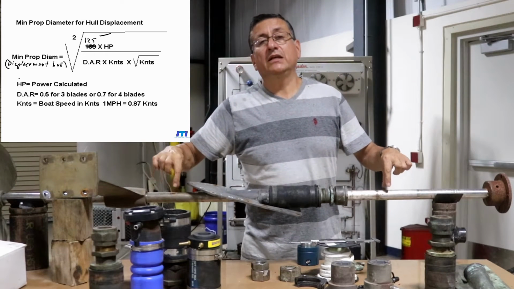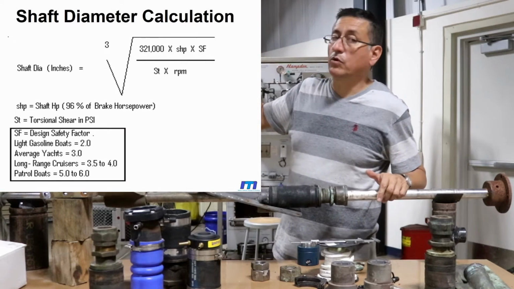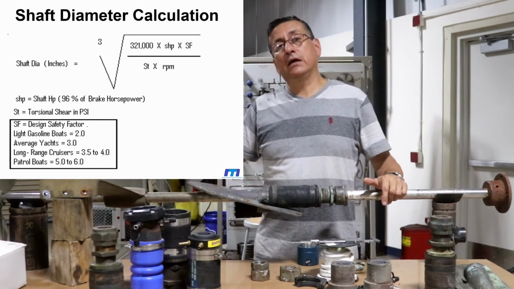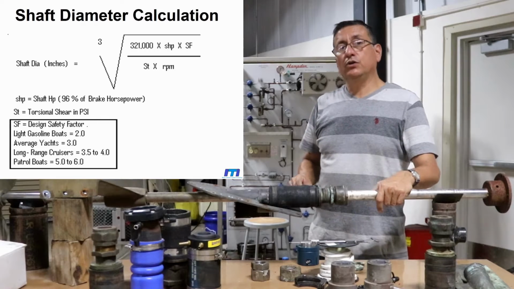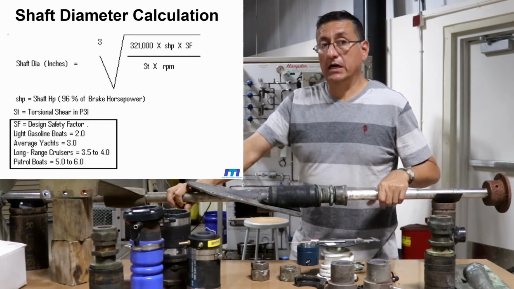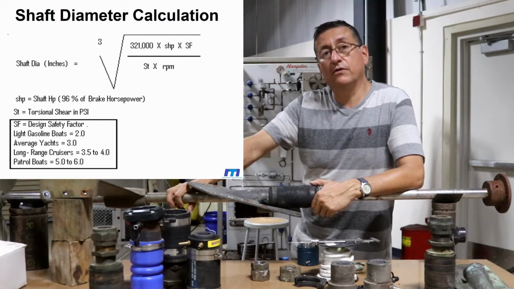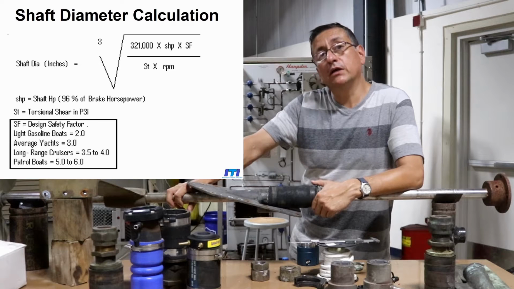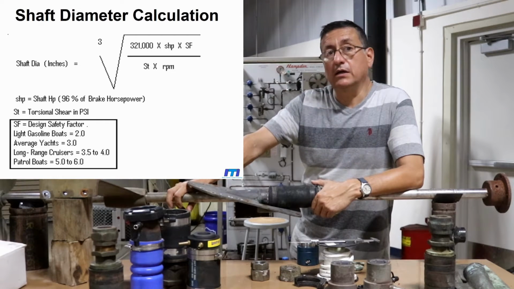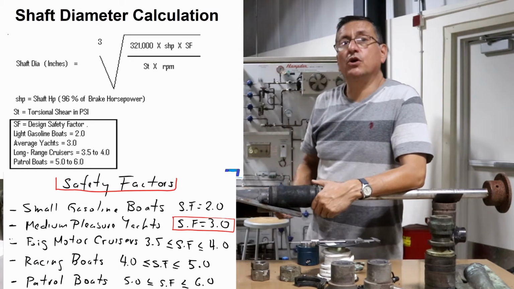In order to calculate the diameter of the shaft, we are going to use the following formula. In this formula, we are going to use the horsepower. This is the brake horsepower that I explained in a previous episode. It is 96% of the maximum horsepower calculated. SF is the safety factor, and those are the most common safety factors.